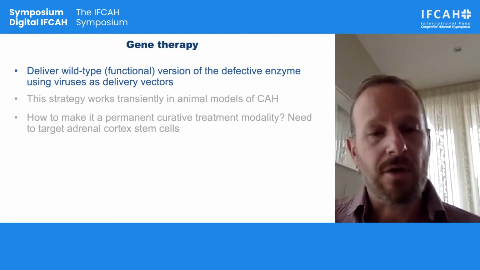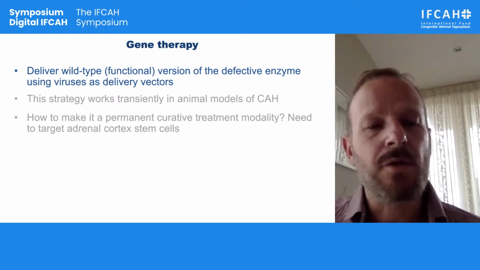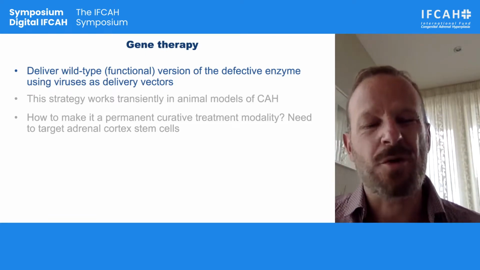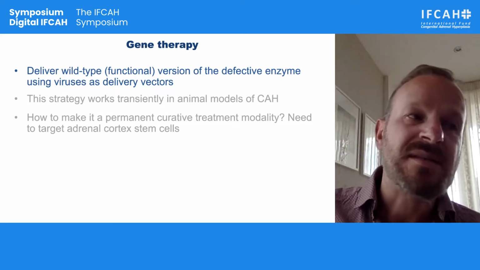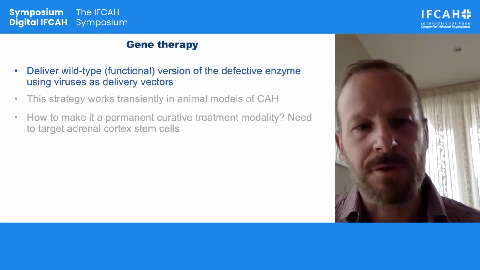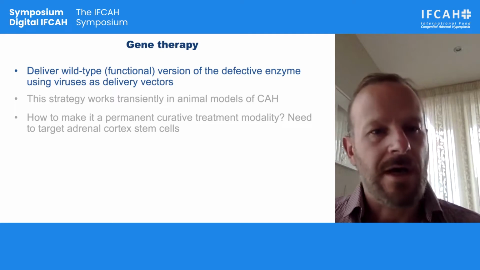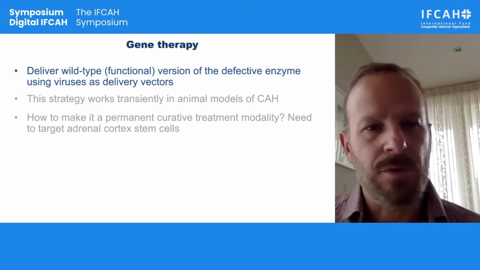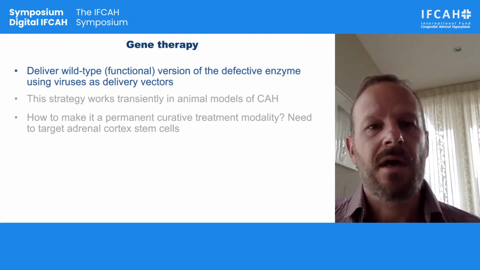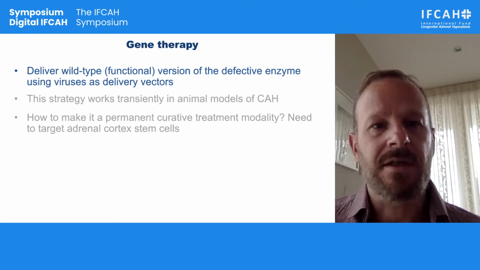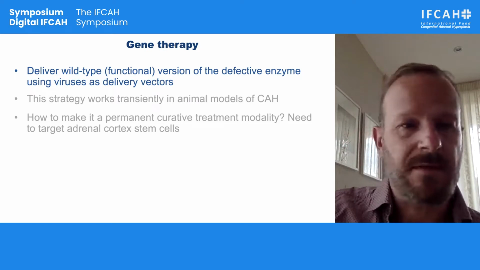Knowing the recent knowledge regarding adrenocortical biology, especially self-renewal and turnover, we now know how it would be possible to make this treatment a bit more permanent, and that is the need of targeting adrenocortical stem cells.